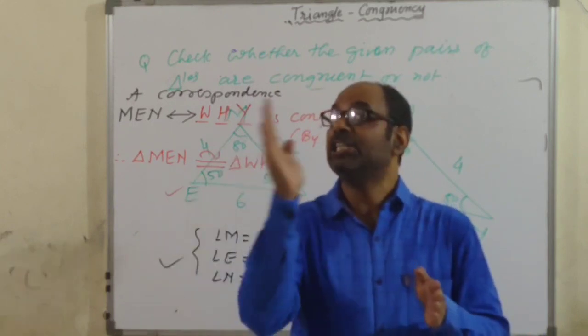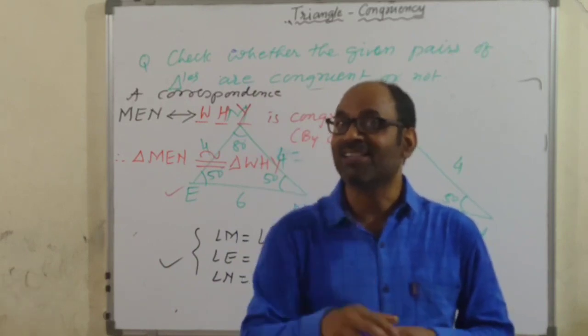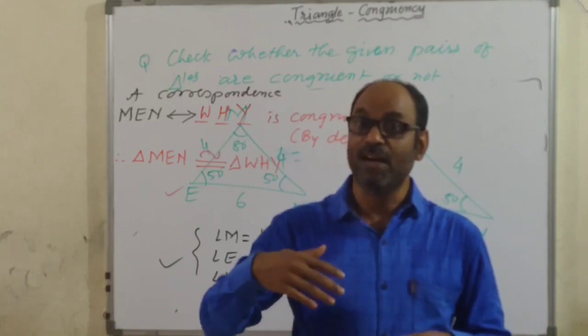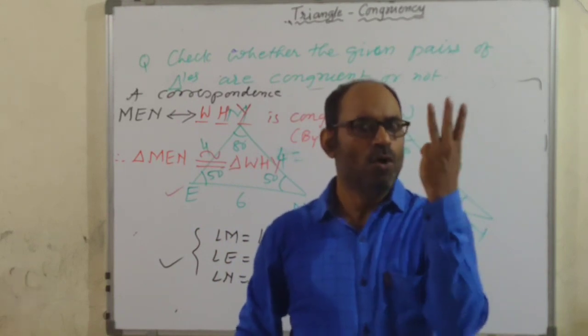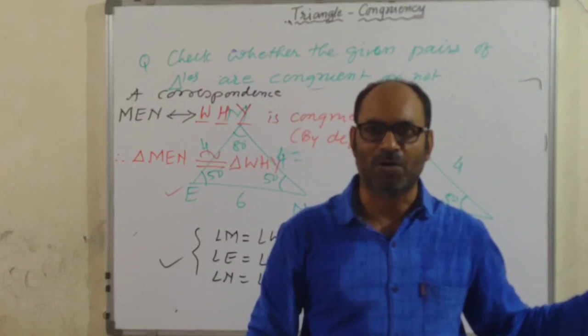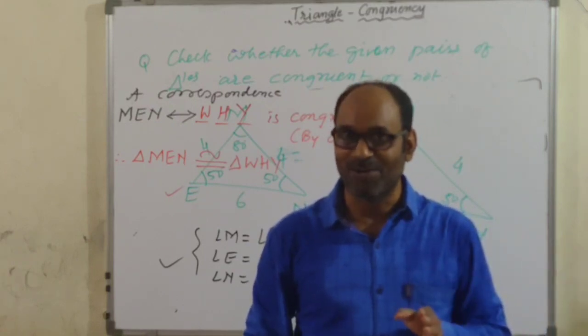So are there any shortcuts by which we can show that two triangles are congruent? The answer is yes. Instead of showing all 6 corresponding parts congruent, we can show only 3 corresponding parts congruent and the two triangles become congruent. Those are the conditions for two triangles to be congruent.